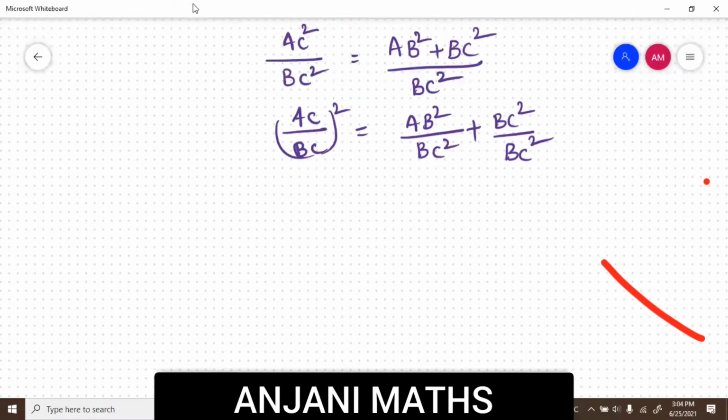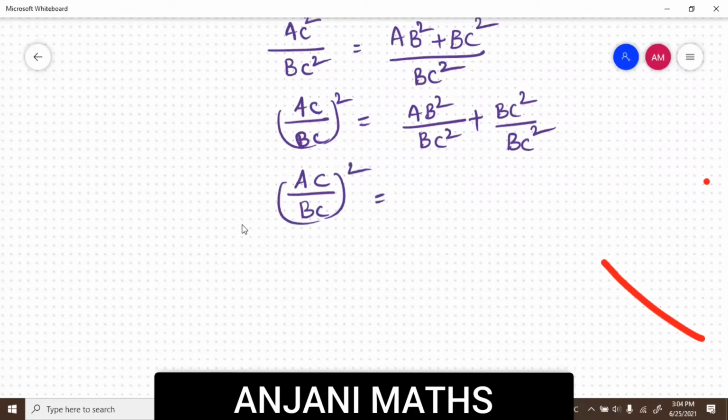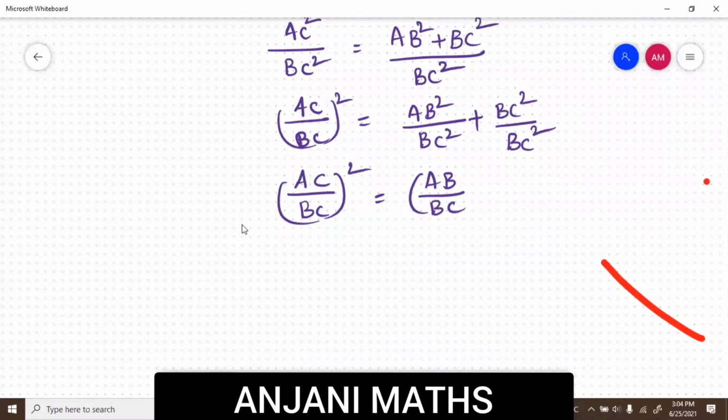So what is BC square by BC square? 1. So we got AC by BC whole square equal to AB by BC whole square plus 1.